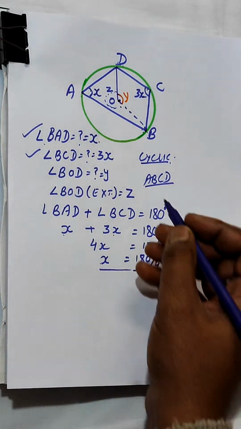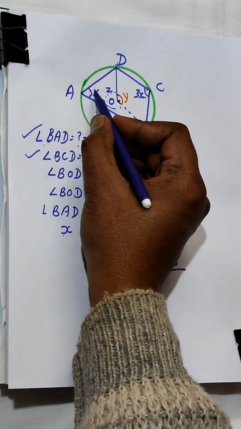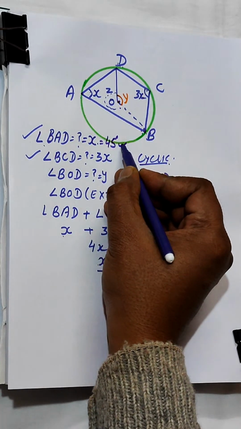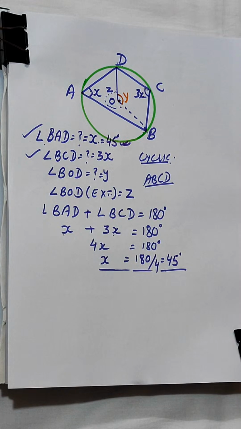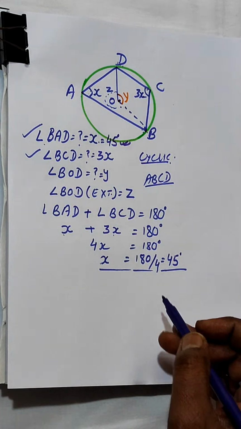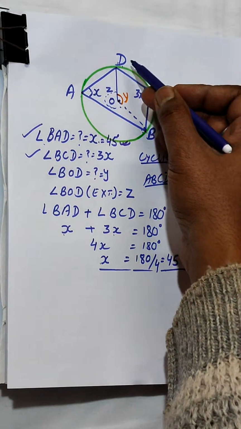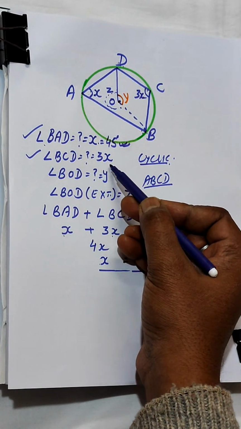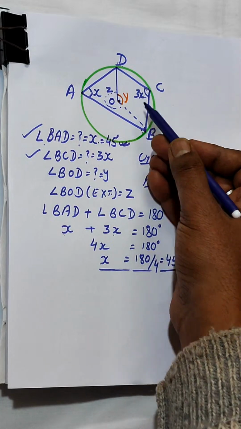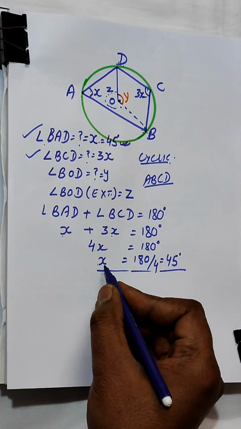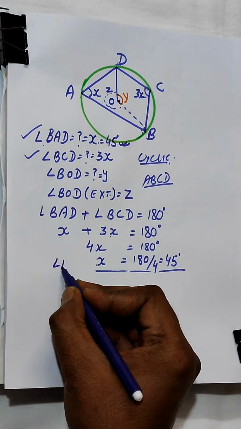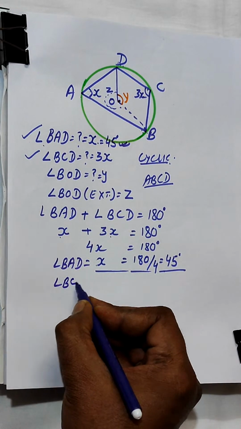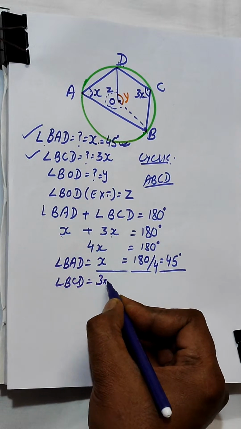So this is our answer for angle BAD: 45 degrees. Now, the other angle we need to calculate is BCD. It's 3 times x, as given.